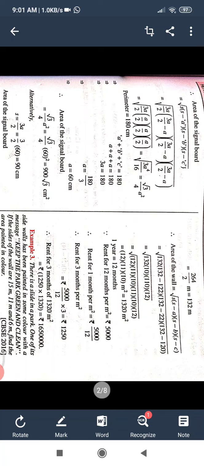Now multiply the numerators: 3a raised to 4 upon 16. Now taking the square root, the square root of a raised to 4 is a square, and the square root of 16 is 4, but the square root of 3 is not obtained, so the answer is a square upon 4 root 3.